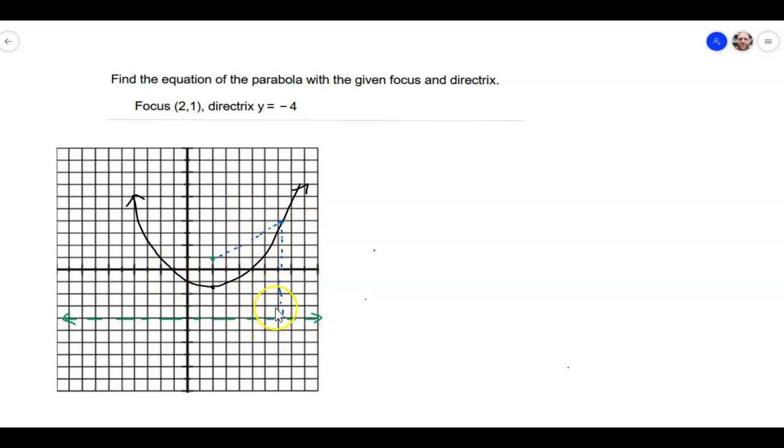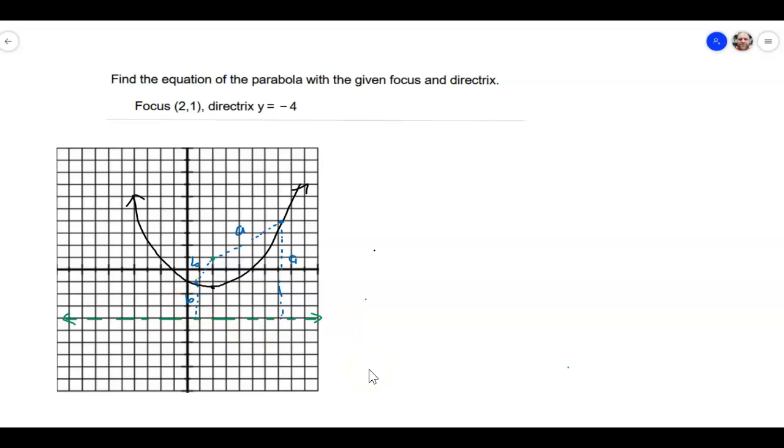So this is how we define it. At any point on this parabola, it would be the same. So you could call this A, which means that this would also be A, and you could call this B, and that would also be B here, because those distances have to be equidistant or the same.